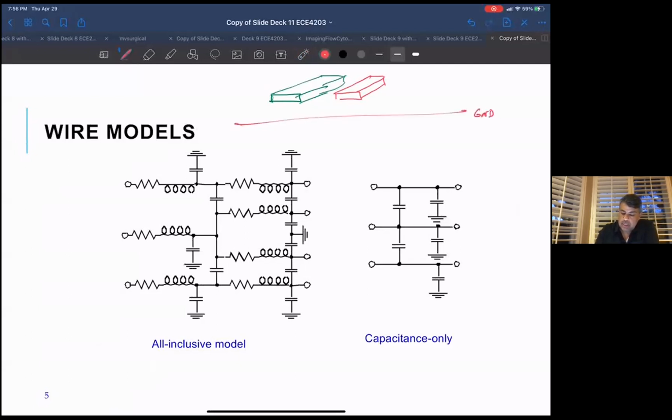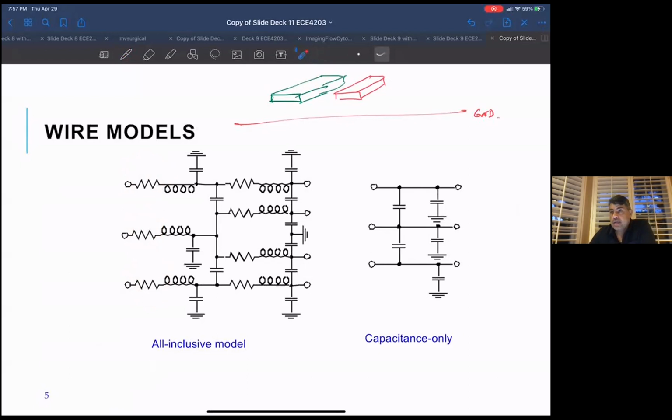I don't know if you guys have taken RF or electromagnetic classes. You have the resistances of the individual lines.